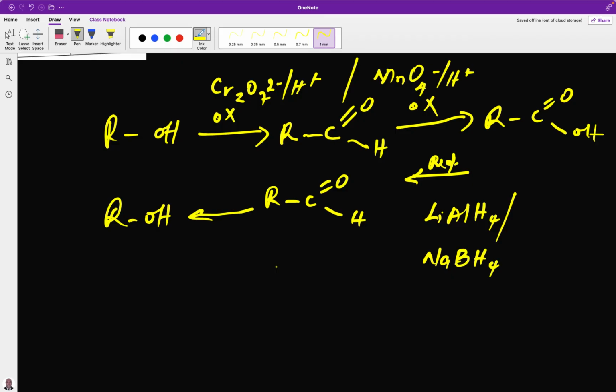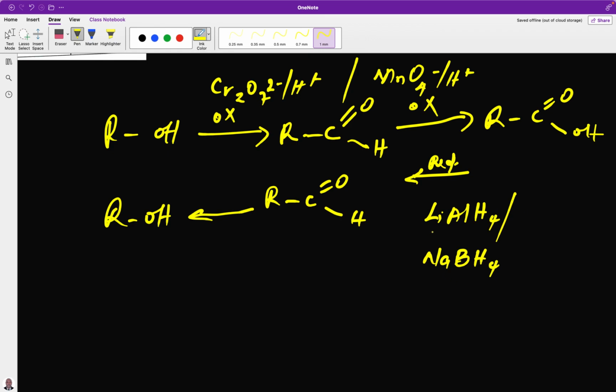If you can oxidize primary alcohol to the corresponding carboxylic acid using a suitable oxidizing agent like acidified potassium dichromate 6 or acidified potassium manganate 7, conversely, we can reduce the carboxylic acid back to the primary alcohol using lithium tetrahydroaluminate or sodium tetrahydroborate.